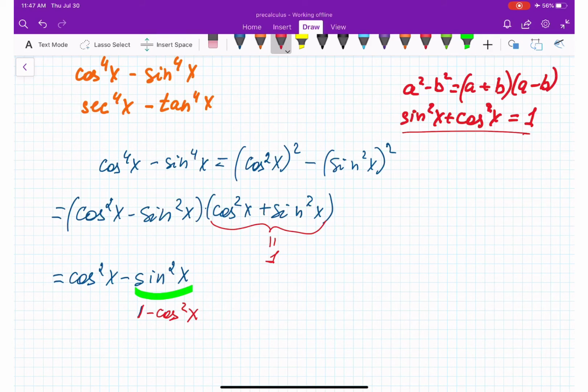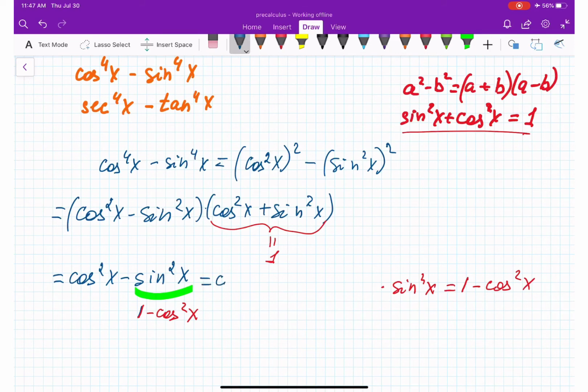Because if sine squared x plus cosine squared x equals 1, then from here sine squared x will be equal to 1 minus cosine squared x, and that's exactly what I'm going to apply.